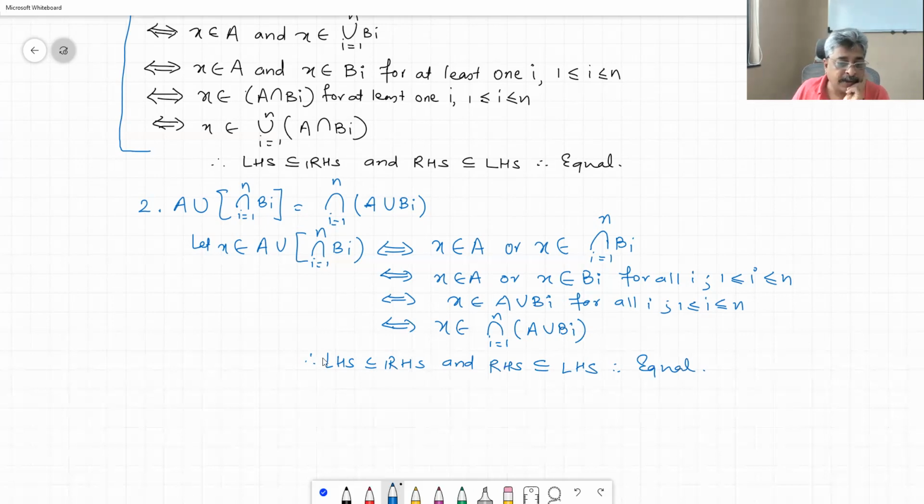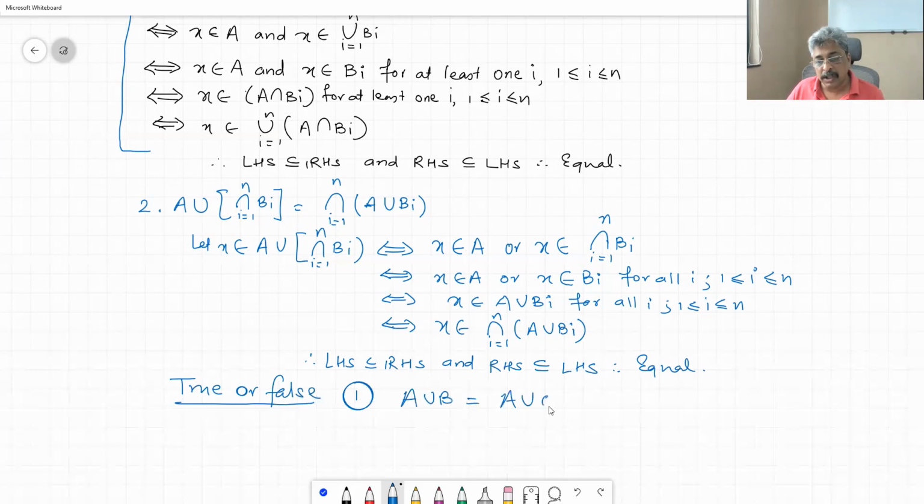Now, true or false? Question 1. A union B is equal to A union C implies B is equal to C. Question 2. A intersection B equals A intersection C implies B equals C. What are your answers?